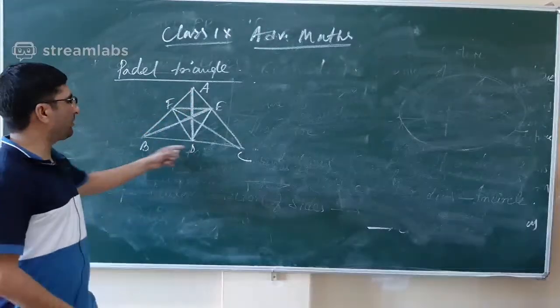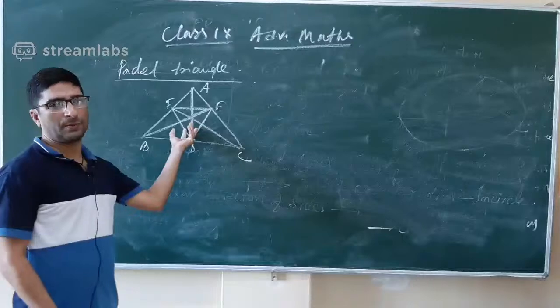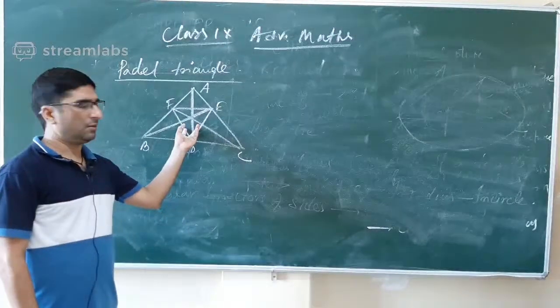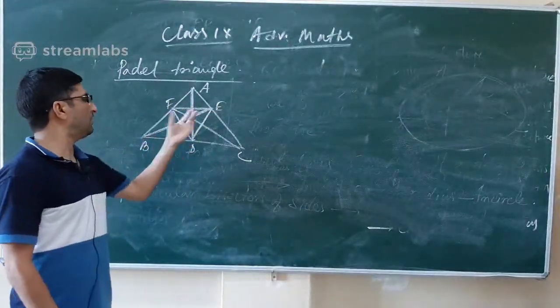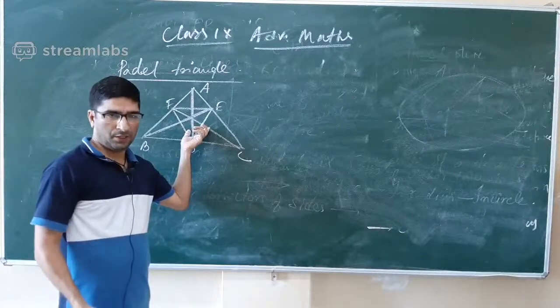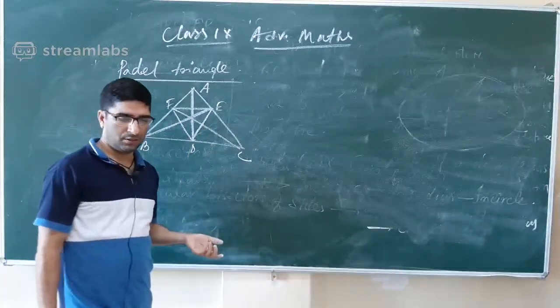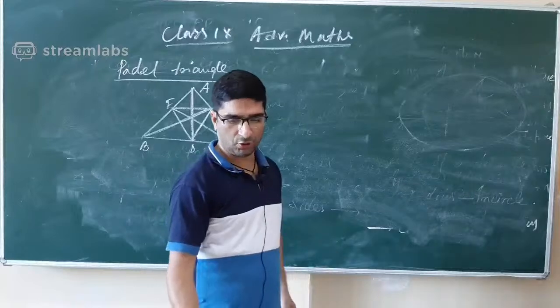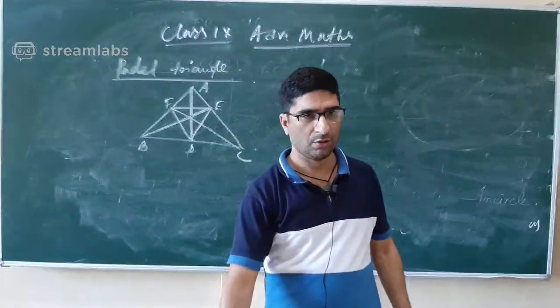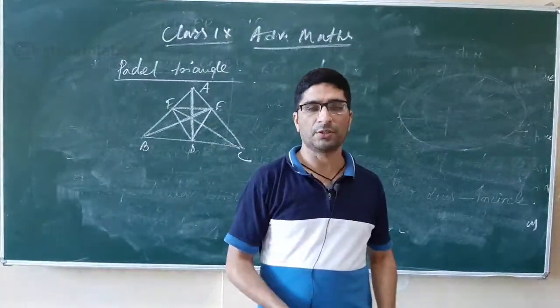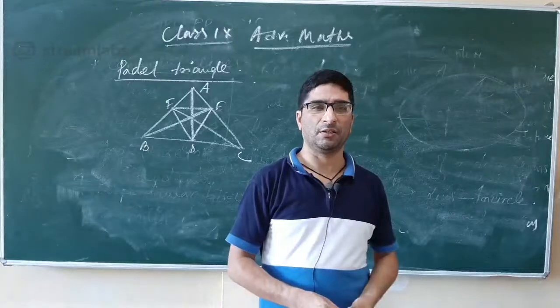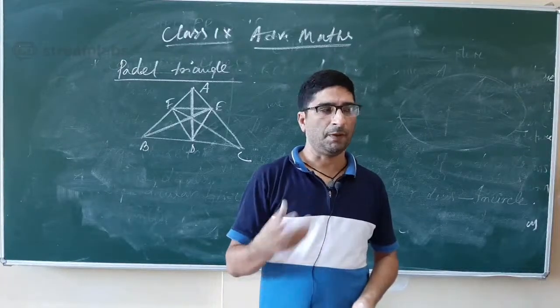If it is an equilateral triangle, this petal triangle also will be an equilateral triangle. If this is an isosceles triangle, the petal triangle will also be an isosceles triangle. What is petal triangle? The triangle obtained by joining the feet of the altitudes is called a petal triangle.